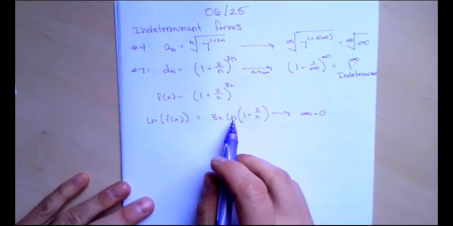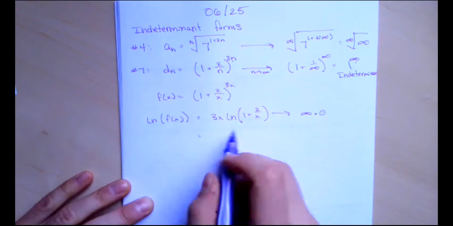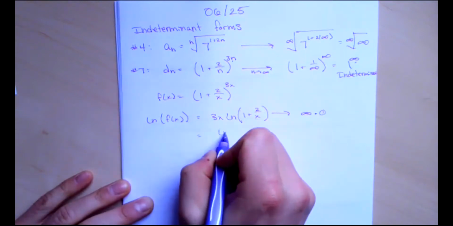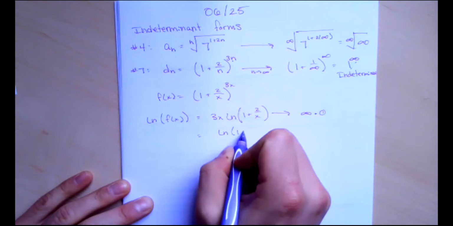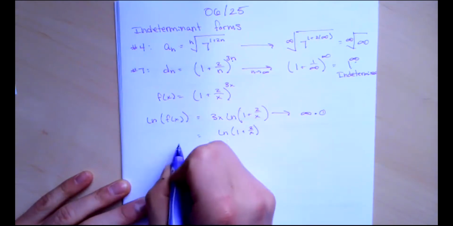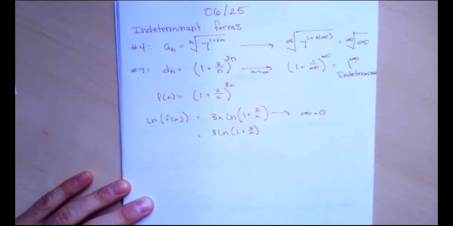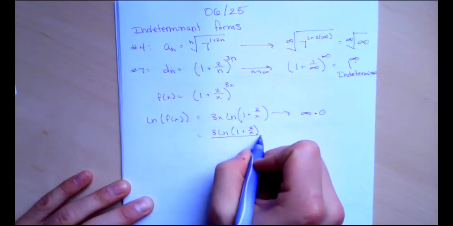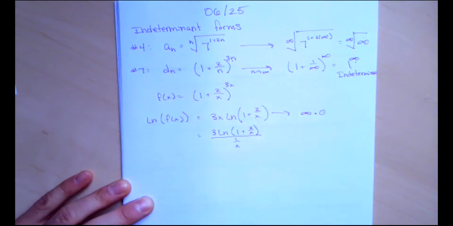And so the best thing to do is probably keep your natural log in the numerator. And for the sake of not messing too much with the constants, let's go ahead and keep the 3 there, but then divide by 1 over x.